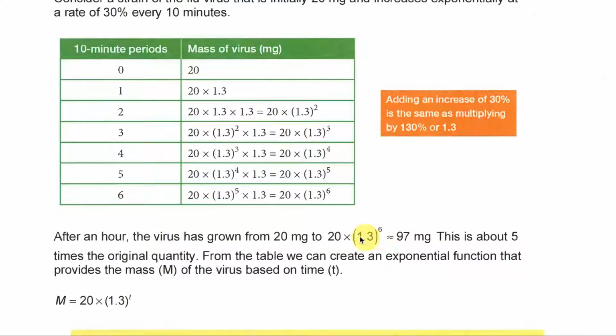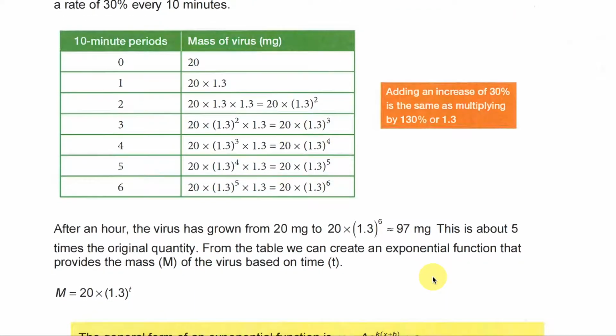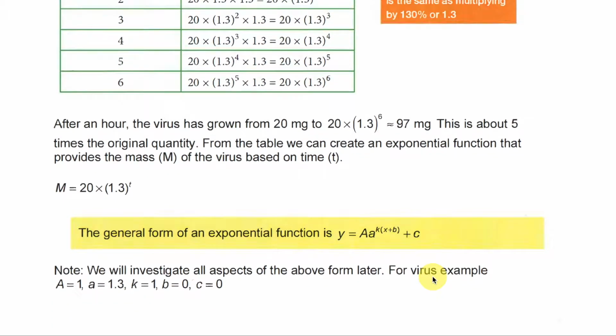And that can be just found using this model. The mass is equal to 20 multiplied by 1.3 to the power of t. We think of the 20 as being the initial mass. We think of 1.3 as being the multiplying factor, and then t is the amount of time that's gone by in 10-minute increments.